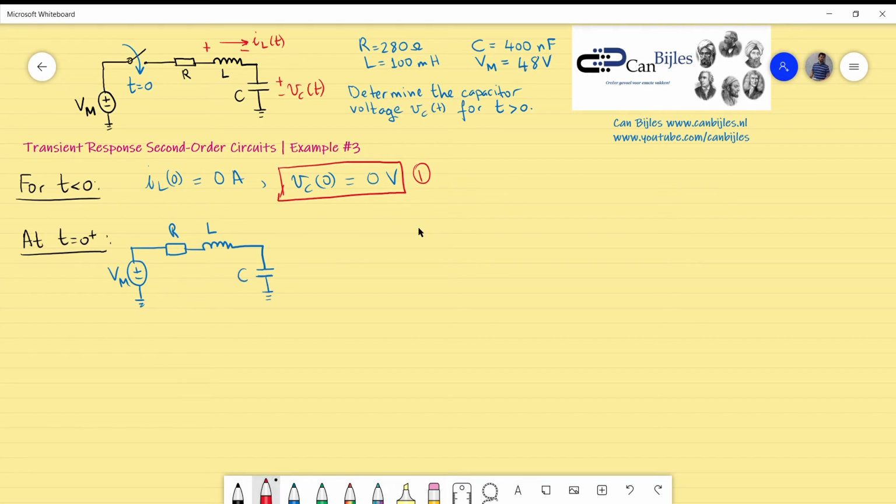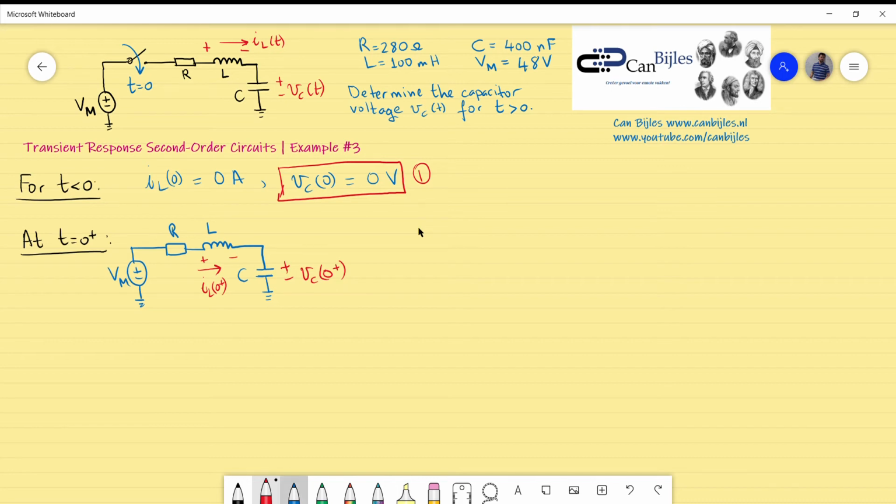What we'd like to know is the capacitor voltage at 0 plus, and of course the inductor current for this situation. In particular, we are interested in the capacitor voltage, but we sometimes need the inductor current also to carry out the calculations.